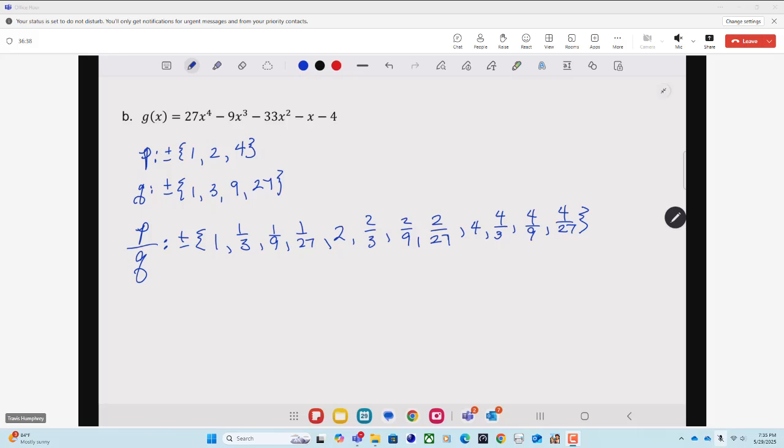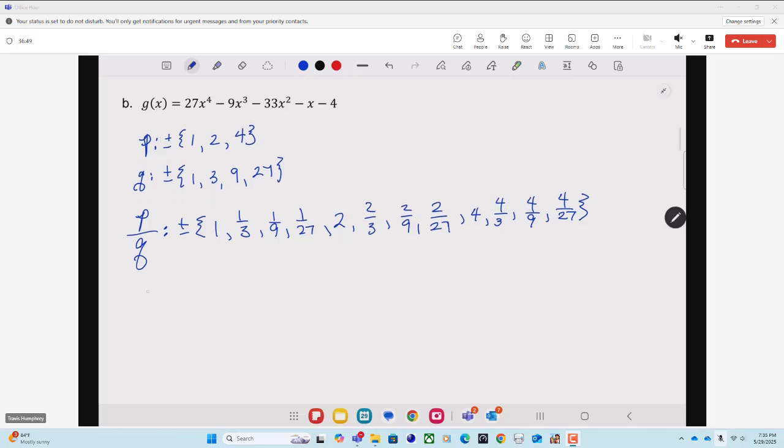So you can see the list is quite a bit bigger, but we are going to start with the same numbers. We're going to begin with negative 1. Okay, bring down your 27. Negative 1 times 27 is negative 27.